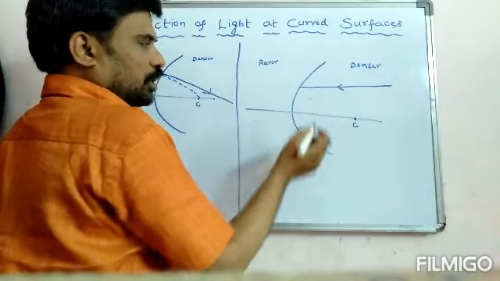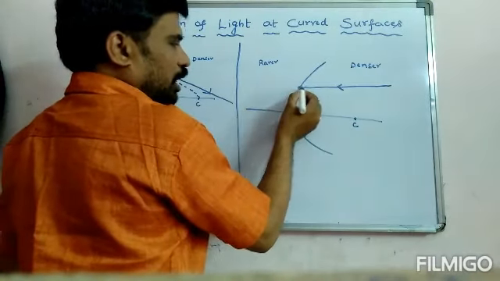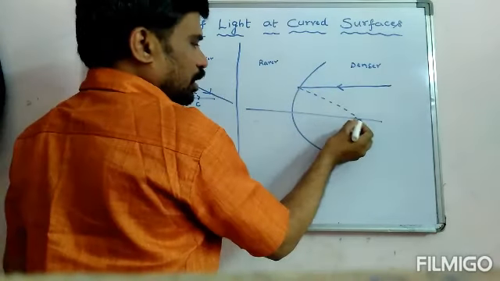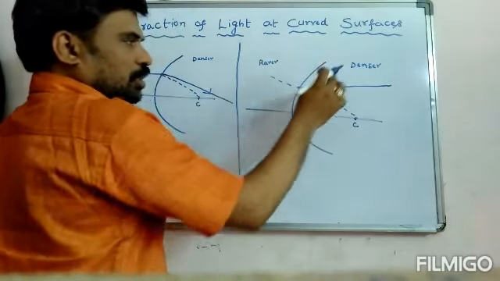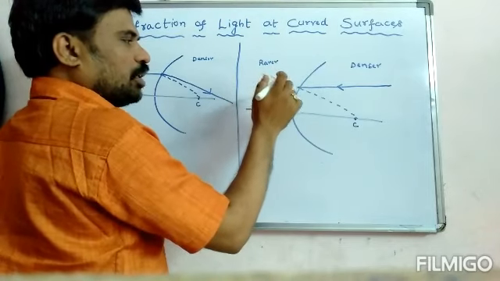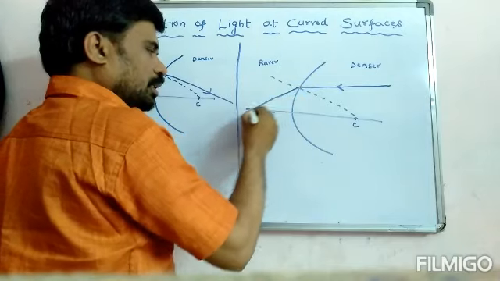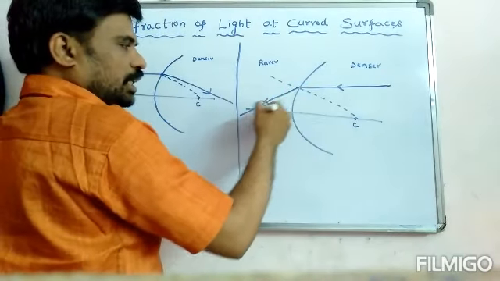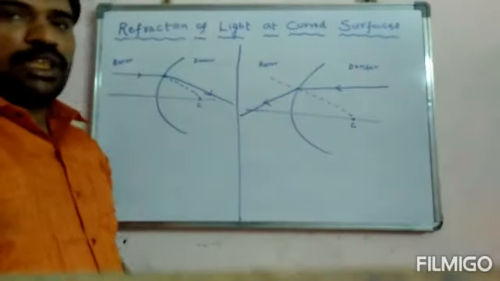Again we have to draw the normal from the point of incidence to the center of curvature. From denser to rarer it moves away from the normal. In this manner the light ray gets refracted when traveling from denser to rarer medium.